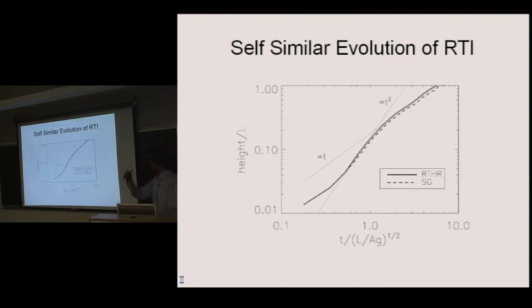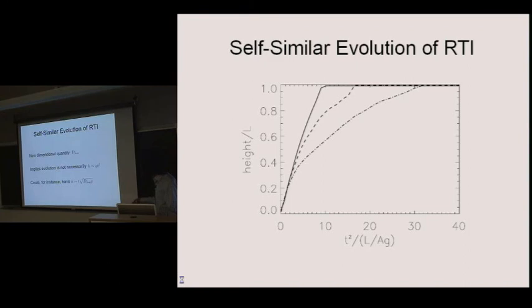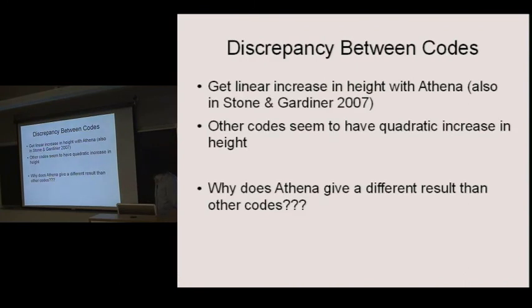This is because my h over L is very large, so things are rather buoyant. That's also the limit that Jim Stone used when he did these simulations. So I got a linear increase of height with time. So did Jim, although in his paper he didn't plot it on a log scale, so he didn't identify this.